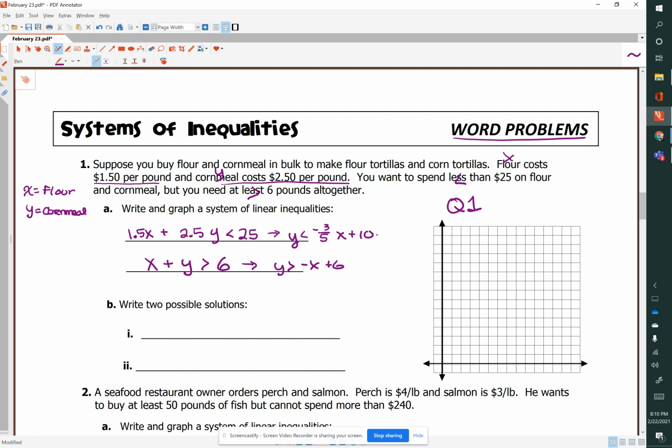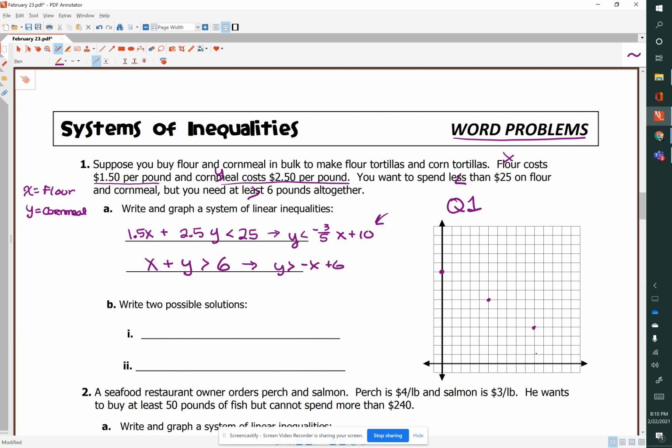So this first inequality, we need to find the y-intercept of 10: 2, 4, 6, 8, 10. There we go. We have a slope of negative 3/5: 1, 2, 3 over 1, 2, 3, 4, 5.